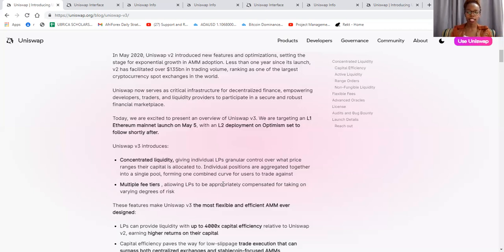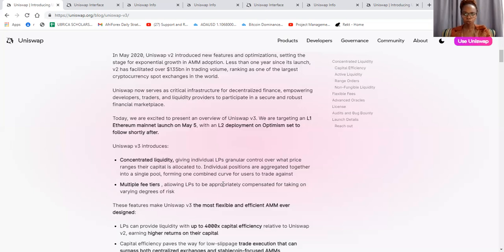Maybe you can say the price of UBN today is $3, and you're providing liquidity between plus 25% and minus 25%. You're providing liquidity at that range, and you get fees when a transaction happens between that range.